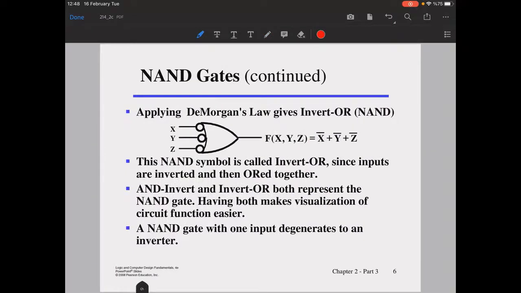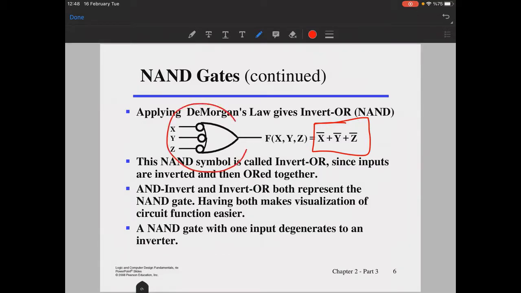Both are okay. If you take De Morgan complement of that Boolean NAND function, what you get will look like this. And this type of gate is called invert OR gate. They both do the same thing. And NAND gate has two symbols, depends on your liking.